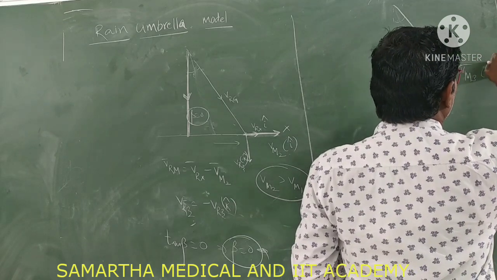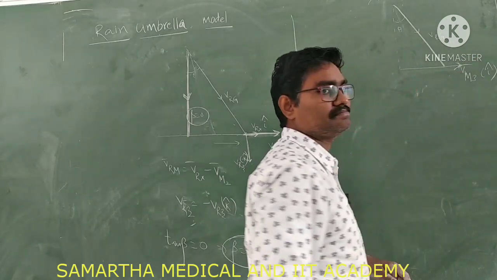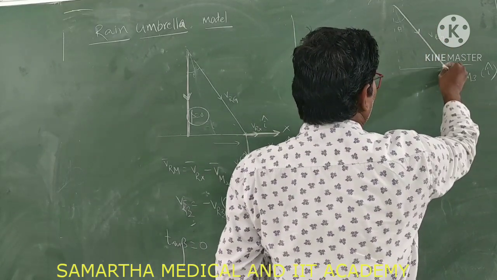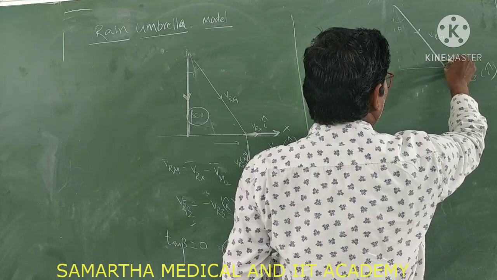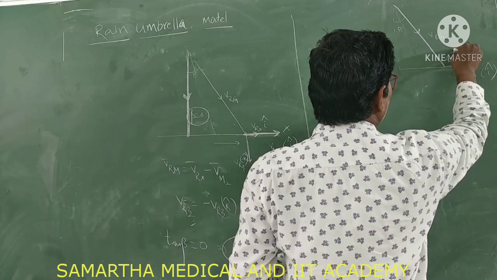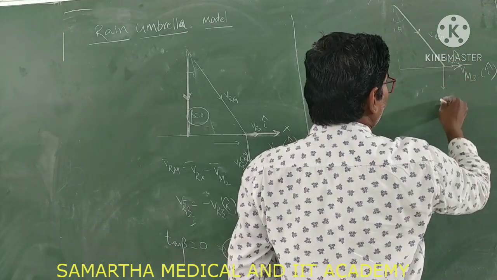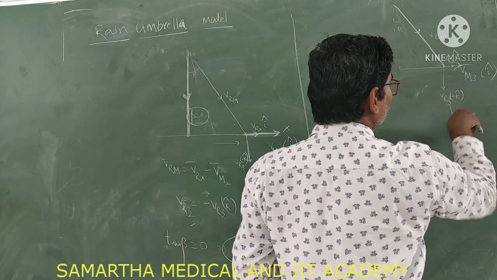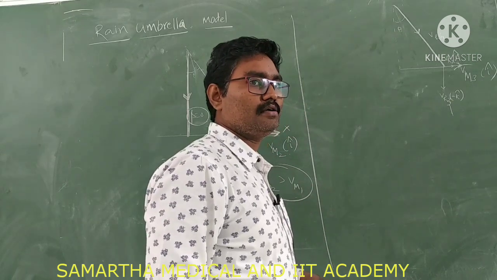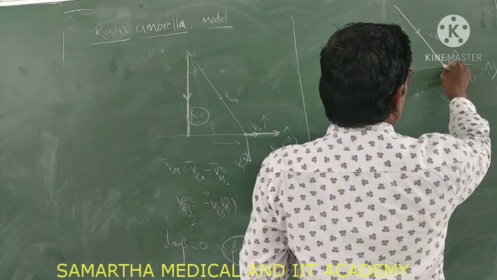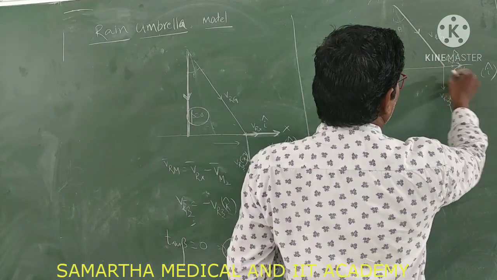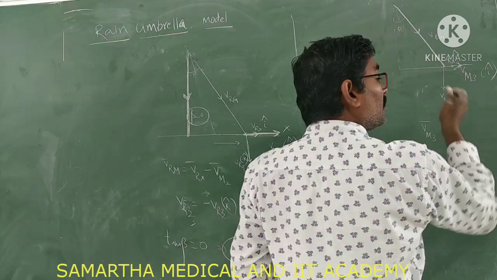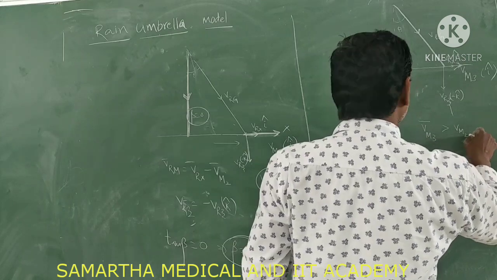So you can write the velocity of man 3 along the x-axis as i cap. Now, this is the velocity of rain with respect to ground. You can resolve components: the velocity of rain along the x-axis into i cap and the velocity of rain along the z-axis into minus k cap. Now see here, the velocity of man 3 is greater than the velocity of man 2 in the previous case.